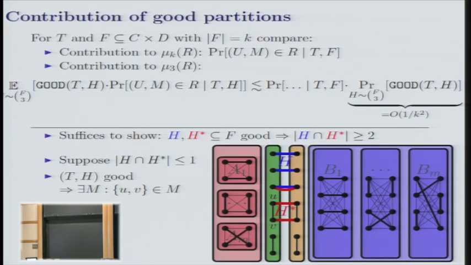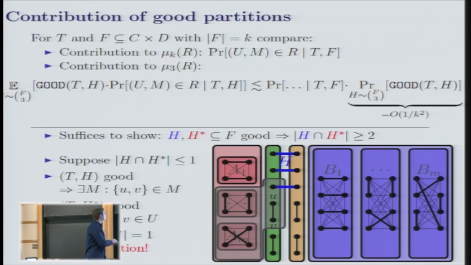So then I can define a matching which connects the two nodes that are in H star and that are not in H. On the other hand, also H star satisfies the goodness definition. So there is a cut which contains these three nodes, like this cut. But now, if you look at the matching that we just found in our rectangle, and you look at the cut that we just found in our rectangle, then they only intersect in one edge. And that's impossible, because we don't have any slack zero entry. That's a contradiction.